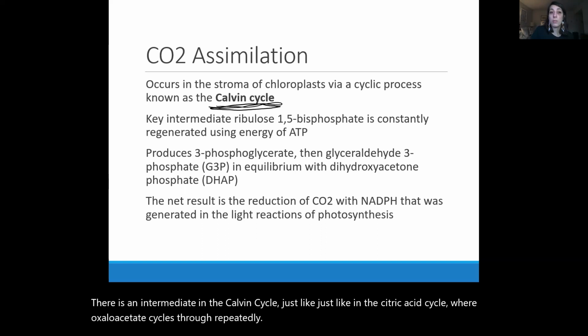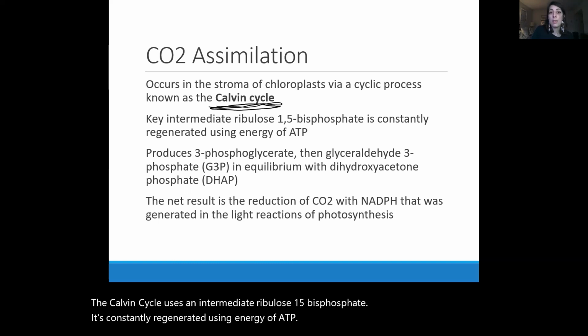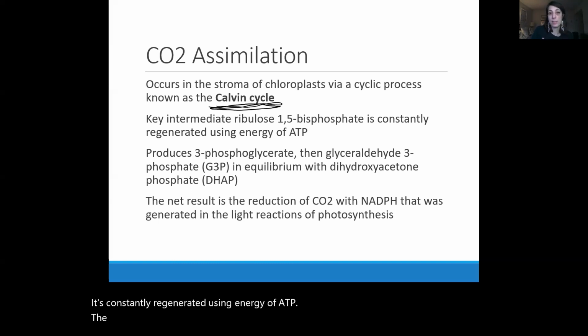The Calvin cycle uses an intermediate, ribulose 1,5-bisphosphate. It's constantly regenerated using energy of ATP. The actual product of the cycle, though, is our glyceraldehyde 3-phosphate, our G3P.